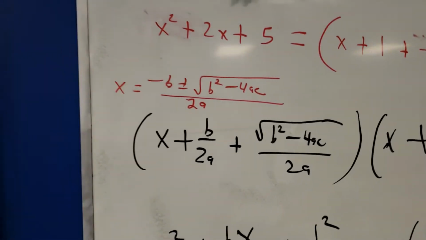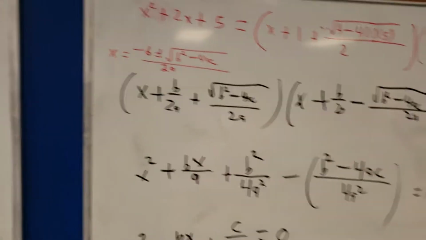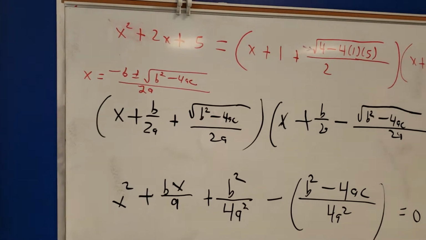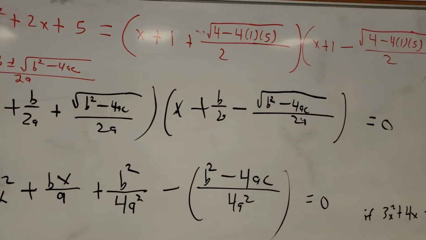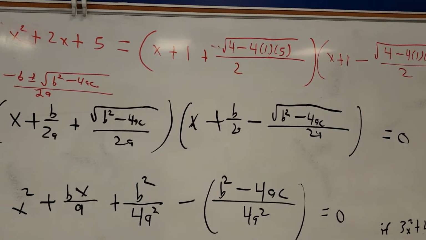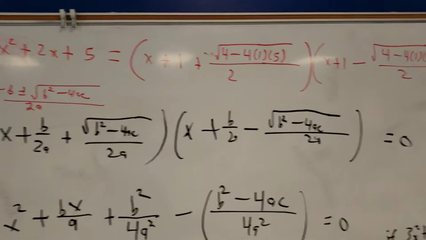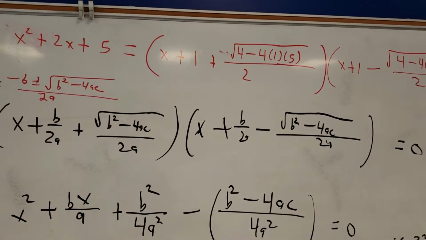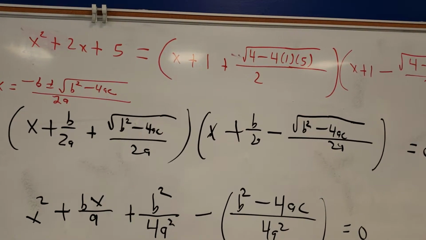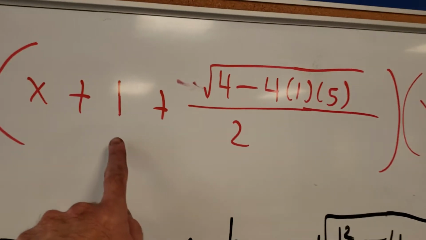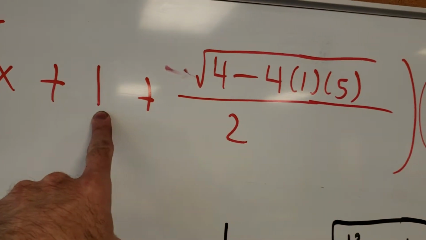So keeping those in mind, since a is 1, b is 2, and c is 5, what can we do with that? We have x plus b over 2a, which is 2 over 2 times 1, which is just 1. So that's where this 1 comes from right here. I went ahead and cut to the chase.